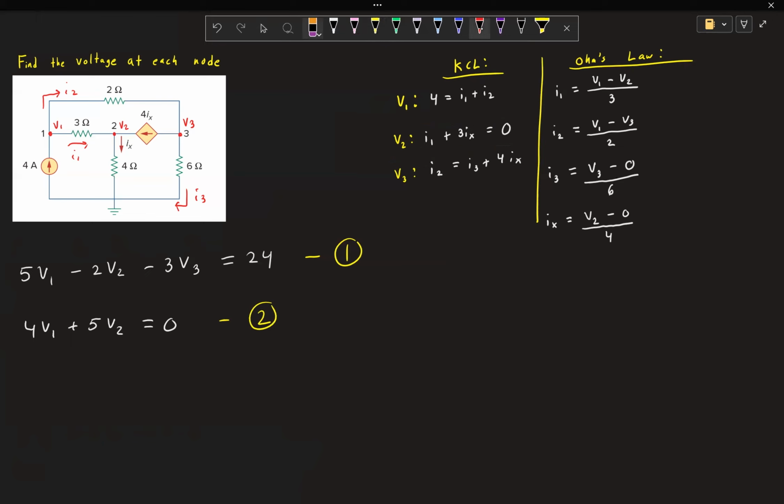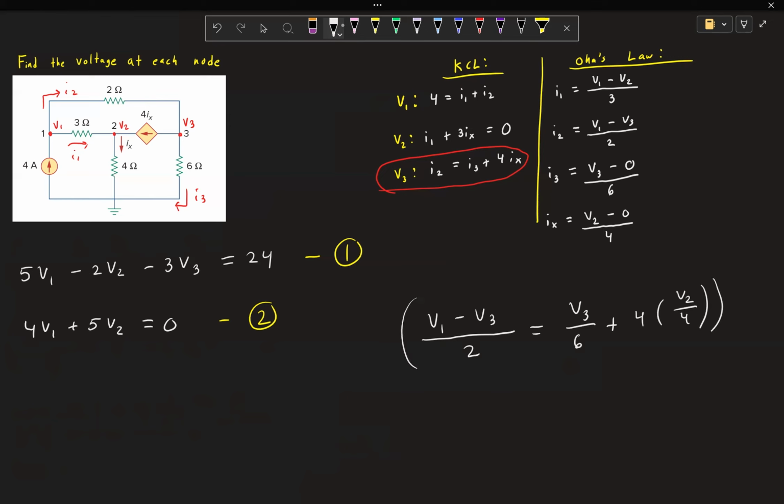Now, the last one. I2 is just V1 minus V3 over 2, which is equal to I3, which is V3 over 6, plus 4 times Ix, which is V2 over 4. And we can multiply this entire equation by 12 again. 12 divided by 2 is 6. 6 times V1 minus V3 equals 2V3 plus these 4's cancel.